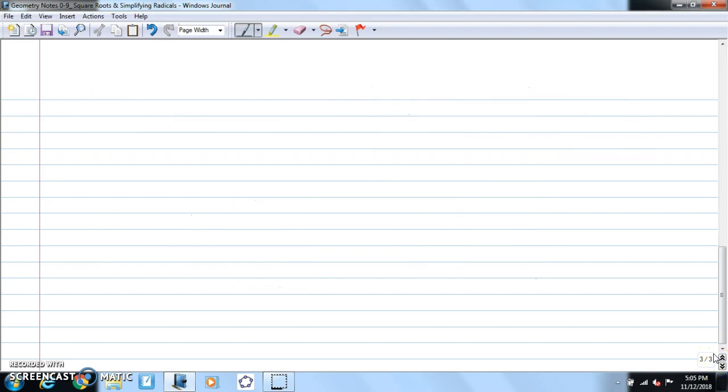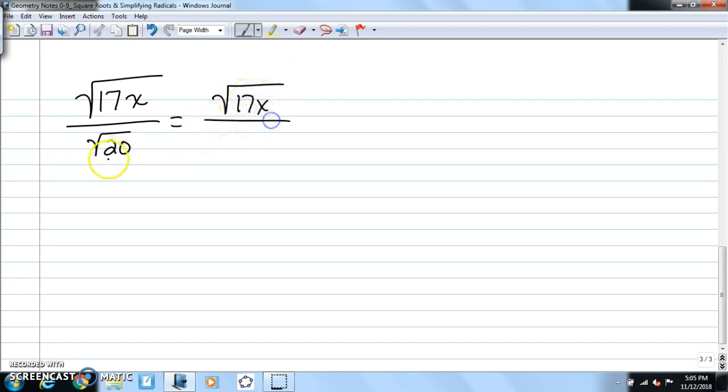Okay, so let's add some variables in here. Let's say I have the square root of 17x over the square root of 20. Well, what am I going to do then? Well, you still can't leave a square root in the denominator. You could simplify this square root a little bit first, because 20 is 4 times 5. Okay, and that would make it a little easier, smaller numbers to work with. So I would suggest doing that if you can. So the square root of 20 is the square root of 4 times the square root of 5.